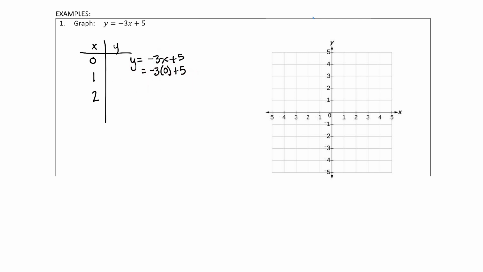So this is what it looks like. I would do -3 times 0, add 5. And on the next line, I would do -3 times 1, add 5. And on the next line, I would go negative 3 times 2, add 5.